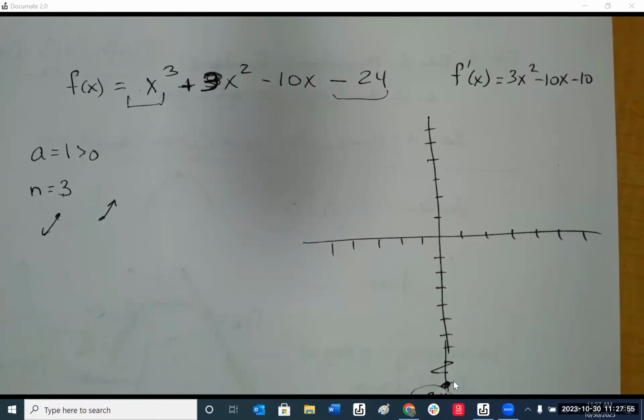So it's x cubed minus x squared minus 6x, plus 4x squared. Okay, that should work.